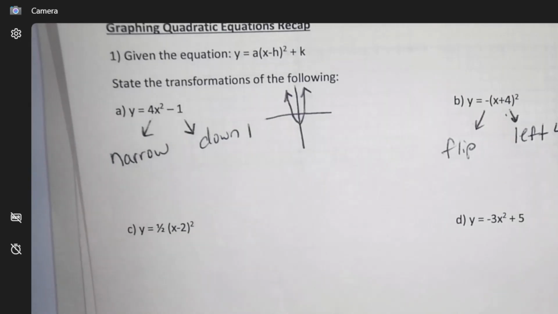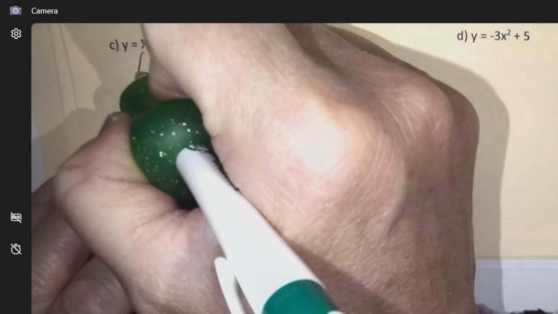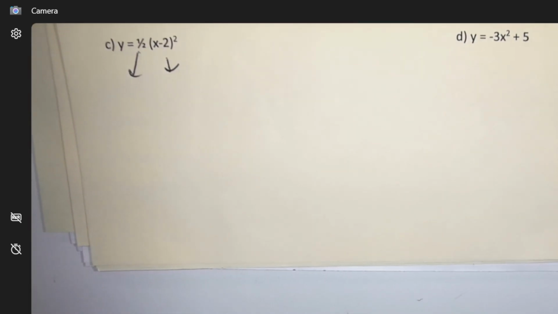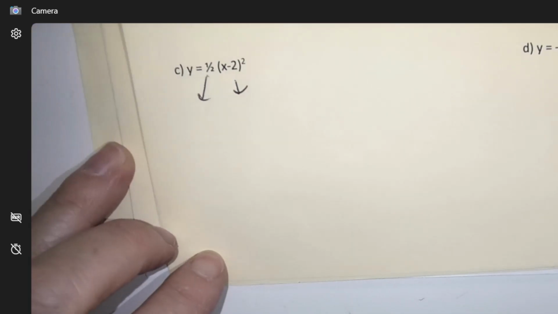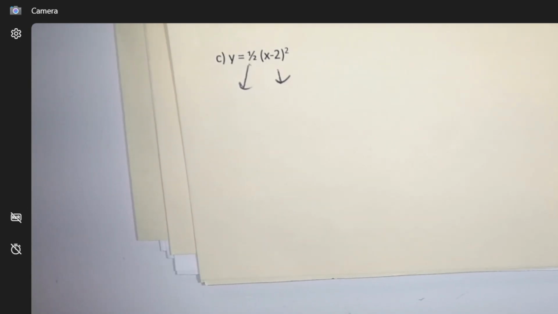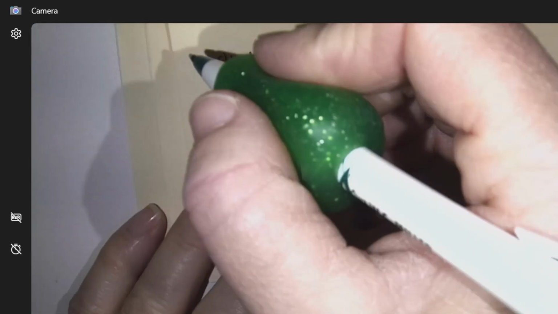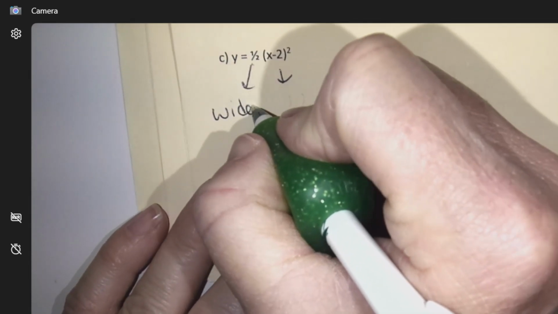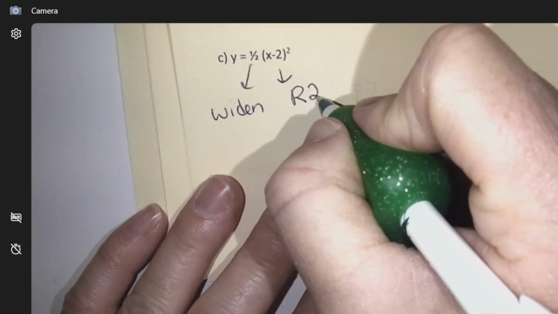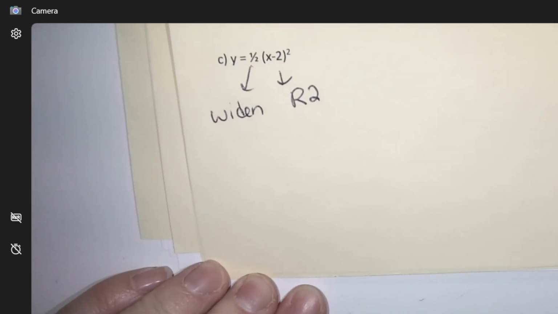Okay, C, I need you to give me 2 answers on it. Question C is 2 answers. So your 2 answers should be, it's going to widen and it's going to be moving to the right.